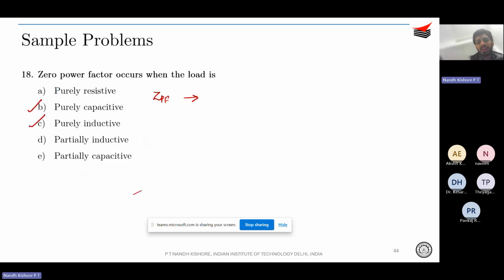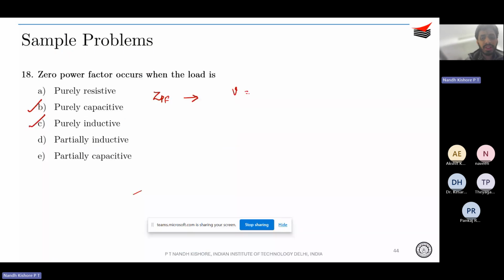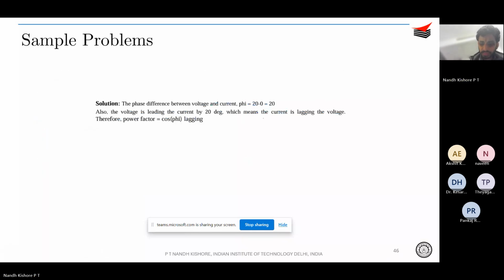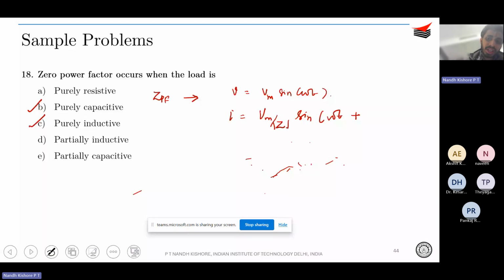Let's say your voltage is Vm sine omega t, then your current will be Vm by mod Z sine omega t plus 90 if it's capacitive and minus 90 if it is inductive.